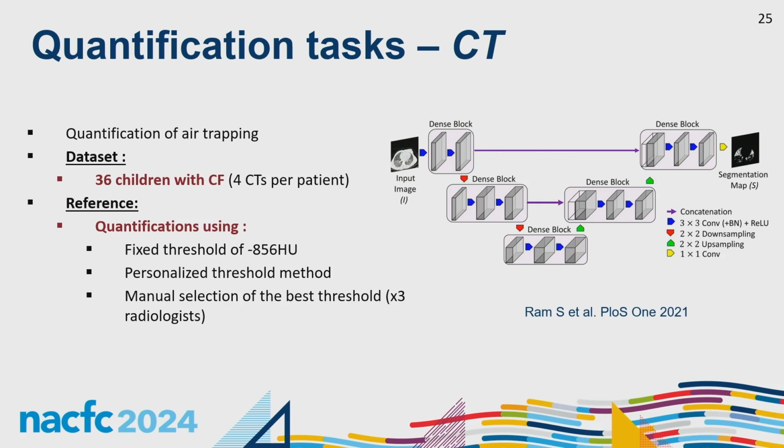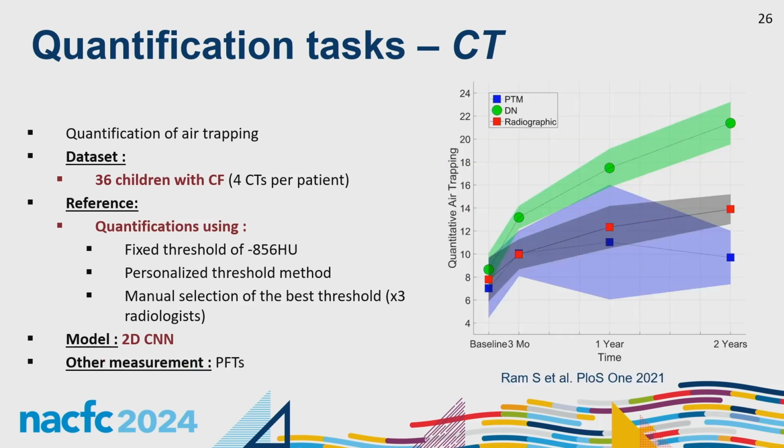They performed a quantification of the lesion using a fixed threshold of minus 856, a personal threshold decided by radiologists for each patient, and a manual selection of the best threshold. They also used a 2D CNN, and they were able to quantify air trapping on chest CT, and their quantification was more sensitive to the changes over time.